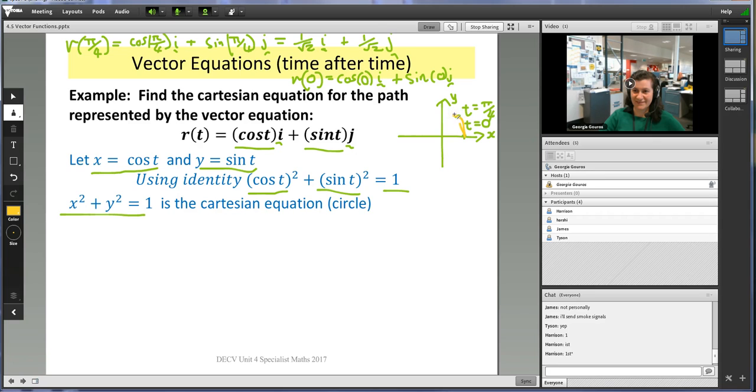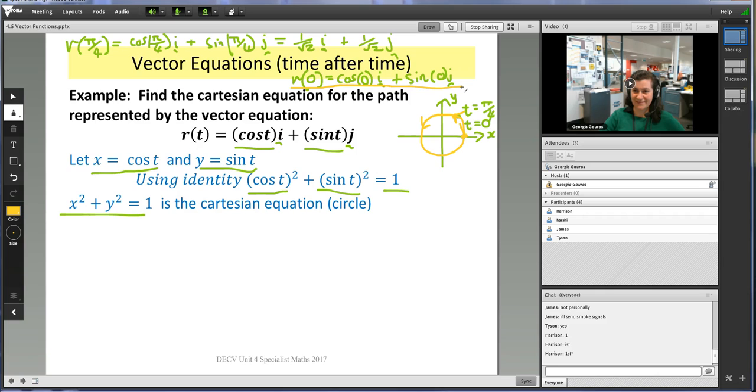So just by generating those 2 points, we've got information about the direction that this object is moving in. If you can draw a circle better than me, this object is going to be following the unit circle Cartesian equation path, starting from this point here and going in an anti-clockwise direction. Okay, so that's the extra information that we're given by a vector function.